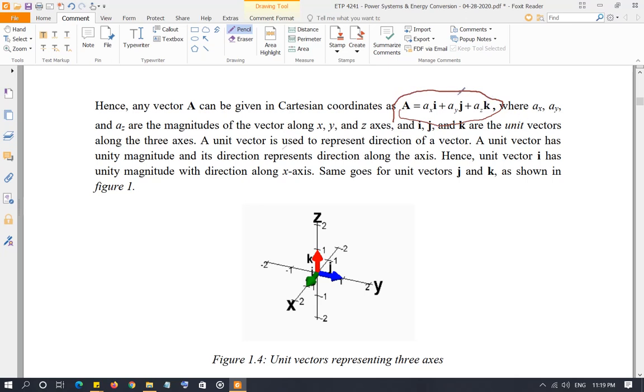So this is a standard form of writing a vector quantity in Cartesian or rectangular form in 3 dimensions. If you have only 2 dimensions, then you have only I J or J K or I K, whatever.